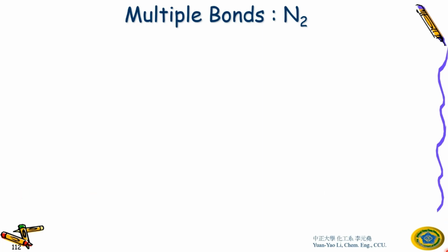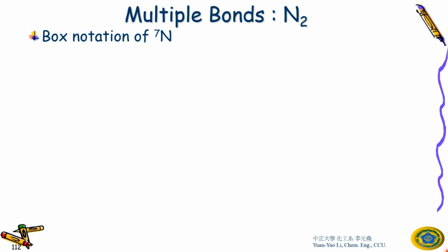Okay, so now let's see the P and the P orbitals. The first example is the nitrogen molecule, and of course it has multiple bonds.